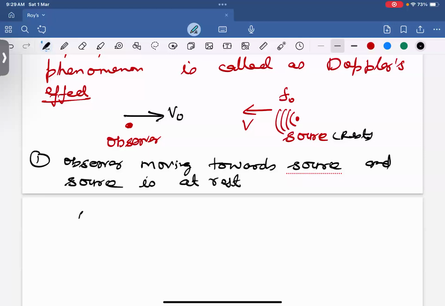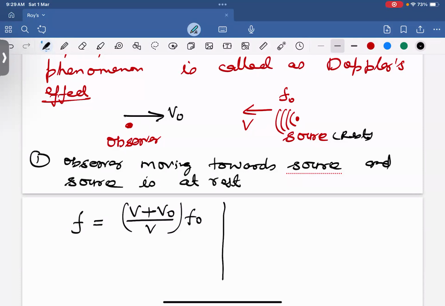Now relative velocity says that in the opposite direction we should add the velocity. The frequency heard will be, you have to add the velocity of the observer, and then you get the frequency f.